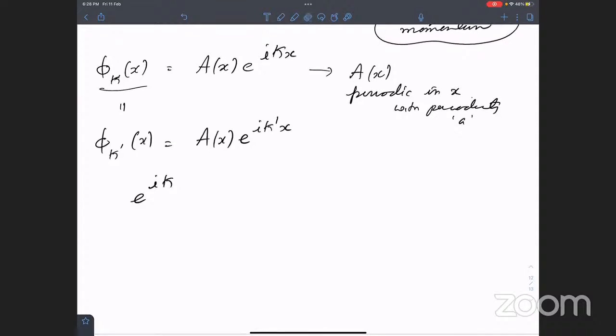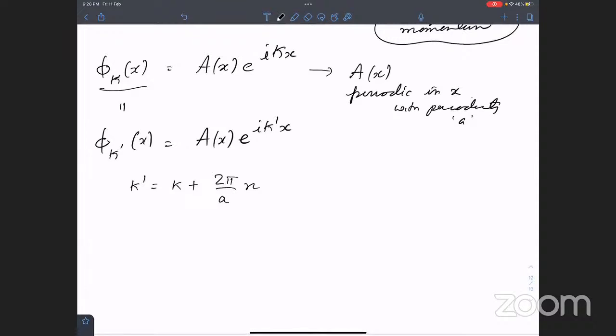Actually I have to specify, sorry, hold on. So I specify that K bar is equal to K plus 2 pi by a into n.